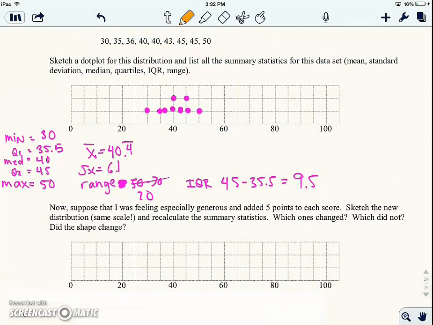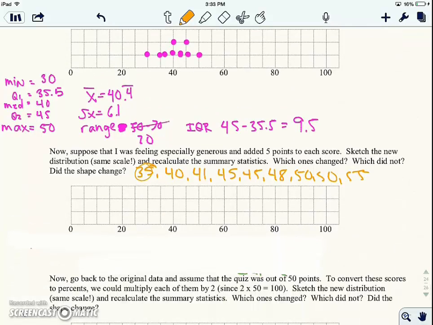So we were at 30, so now we're at 35, 40, 41, 45, 45, 48, 50, 50, 55. I'm just adding 5: 30 plus 5 is 35. And now I'm going to go ahead and plot that. Hopefully what you notice is that it's the exact same distribution, just shifted over 5.